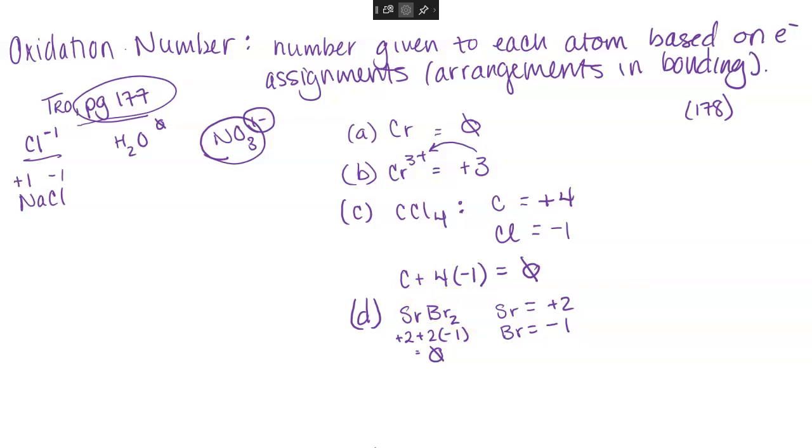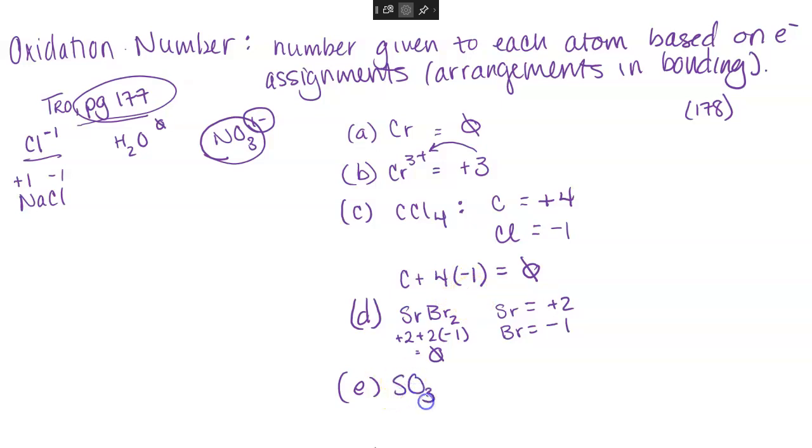For ionic compounds and molecular compounds, they should be 0. If they are not, we call those polyatomic ions. Cool. Okay. And a hint, whether or not it should have a charge, it won't have one here if it's 0.